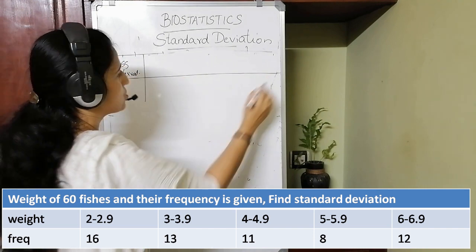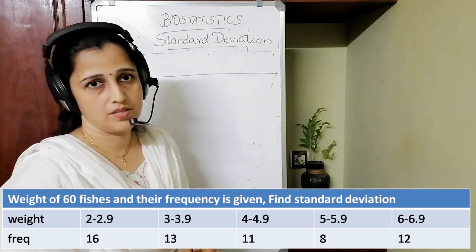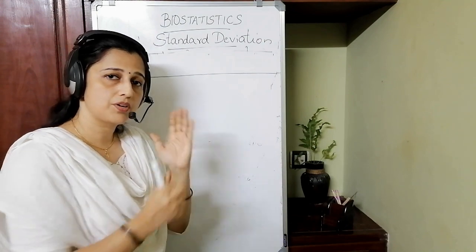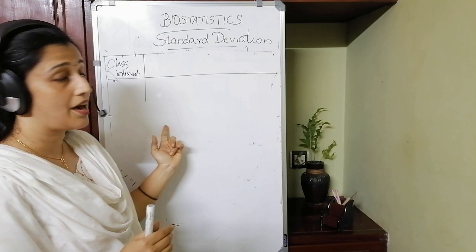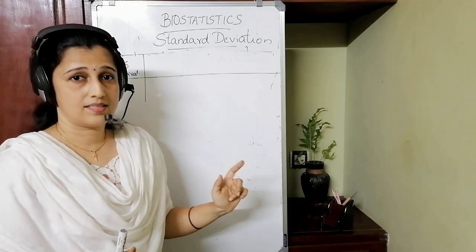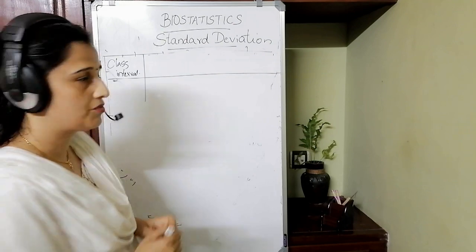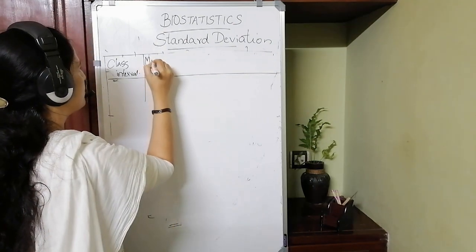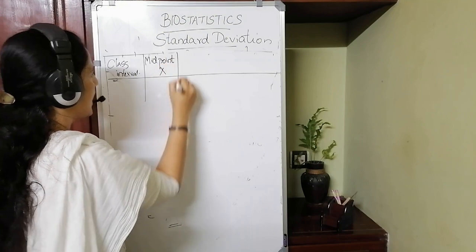So the first step is to make a table with 6 columns. The only difference between the previous equation and this is that we have to calculate x. X is the midpoint of the class interval. So the next column, midpoint, that is x.